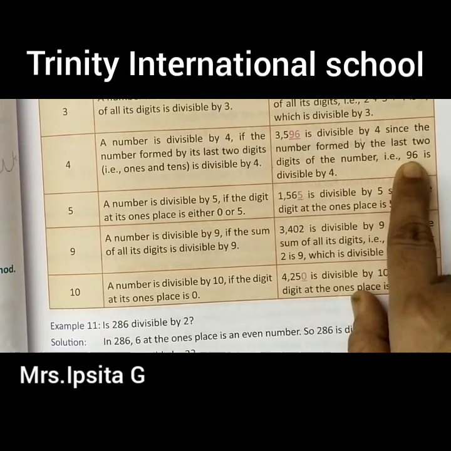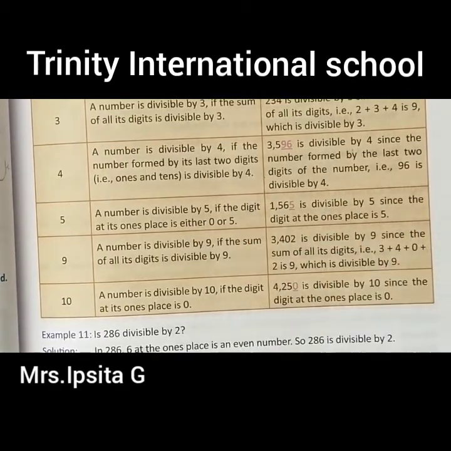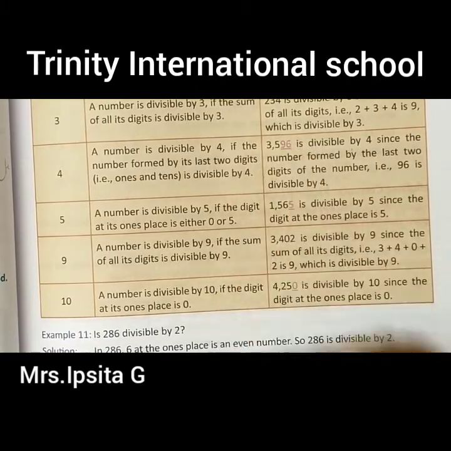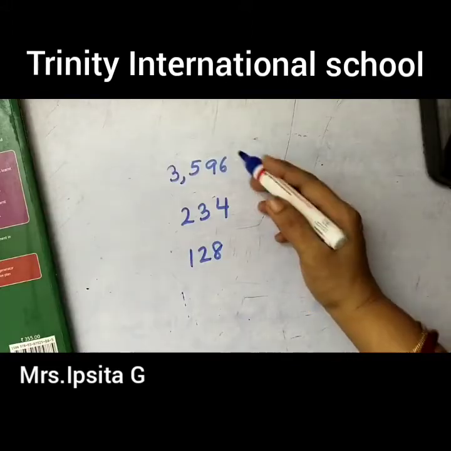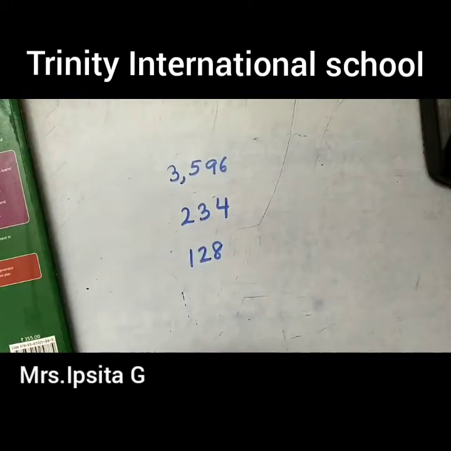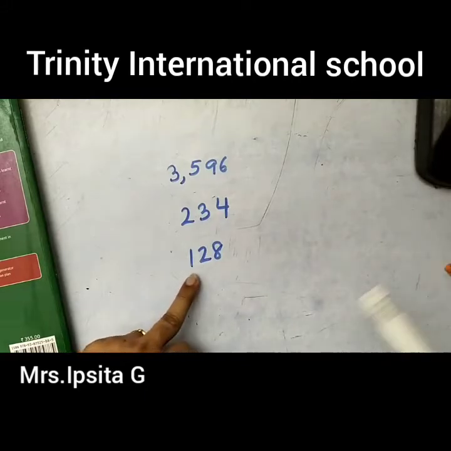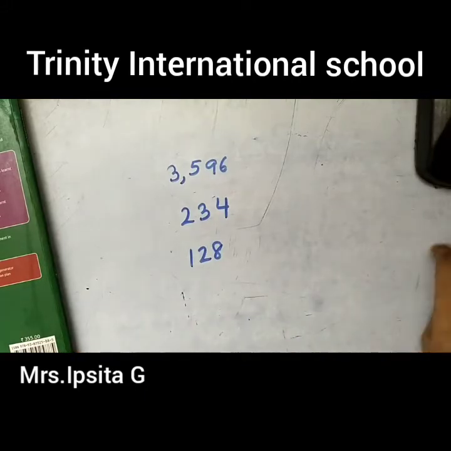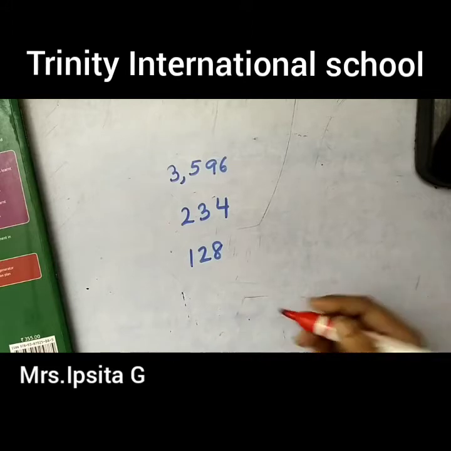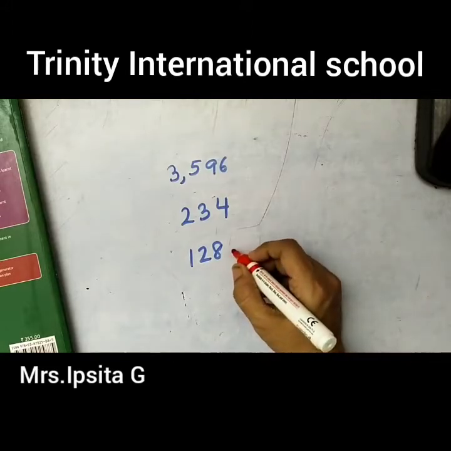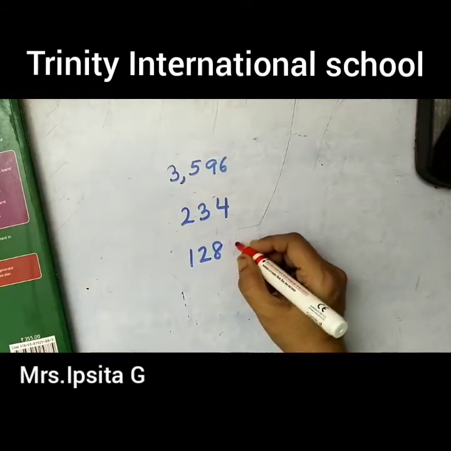सो डिविजिबल बाय 4 कैसे करोगे, आपको 96 को 4 से डिवाइड करना है. And if you are getting 0 as remainder, you can say that the number is divisible by 4. So let us see. Now see here, I have taken the numbers of the examples. तो ये जो नंबर 128, ये नंबर तो आपने देखा था कि ये 2 से डिविजिबल है, नॉट डिविजिबल बाय 3.